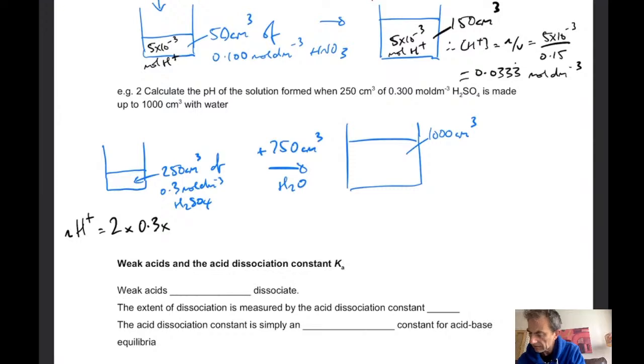I'll just put C and V on there so you know where they've come from. And the 2 is obviously because it's diprotic. And that comes out at 0.15. Okay, so there's 0.15 moles of H plus ions in that beaker. There will therefore also be 0.15 moles of H plus ions in that beaker.